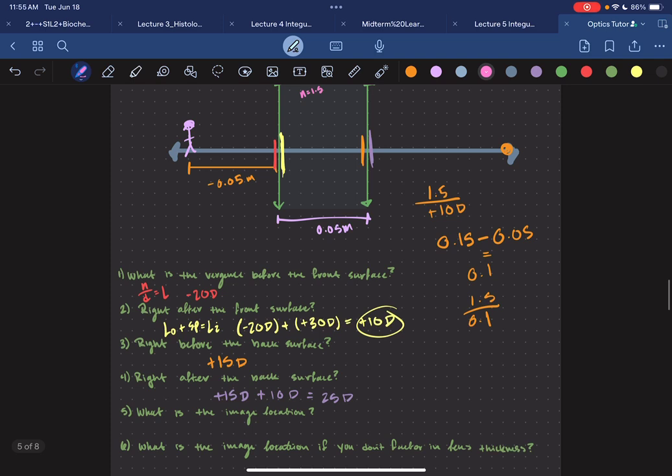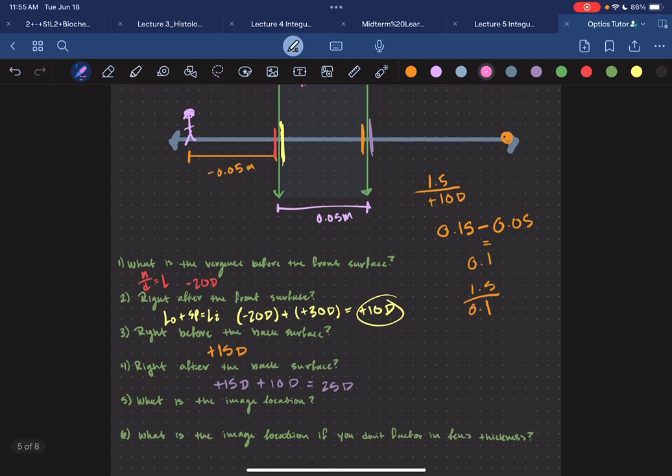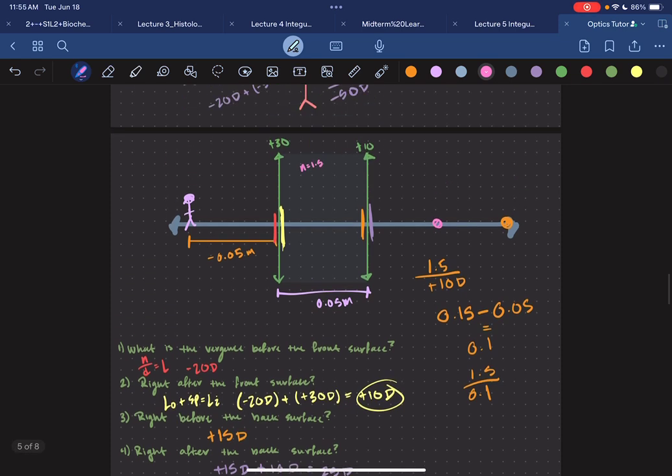Since we're now in air, I'm going to do 1 divided by 25, which gives us 0.04 meters away. So it will come out to be somewhere like here for the image location.